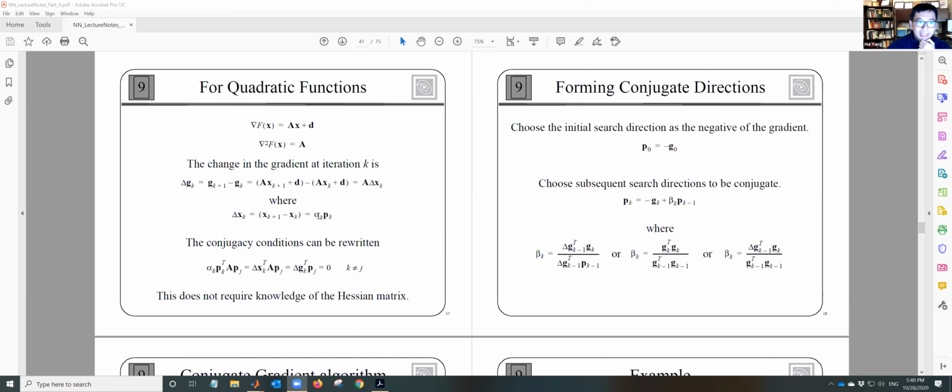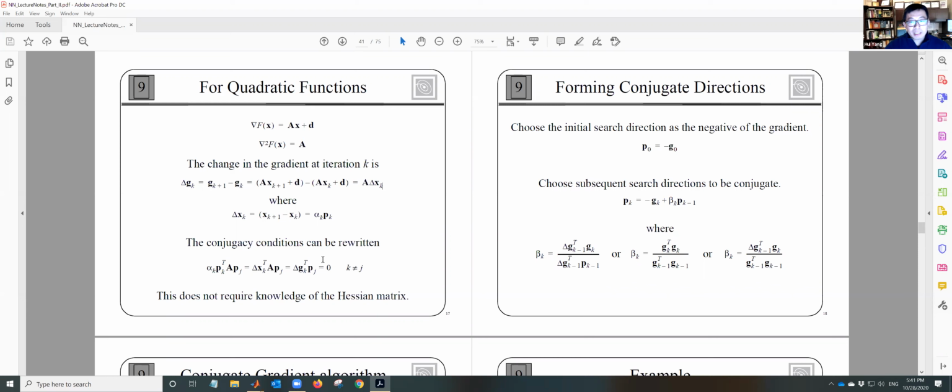But delta xk equals alpha k pk, where pk is the search direction and alpha k is the search magnitude. So the conjugacy condition can be written as alpha k pk transpose A pj, so you have delta xk transpose A pj. But A delta xk is delta gk, so this will be delta gk transpose times pj equals 0.